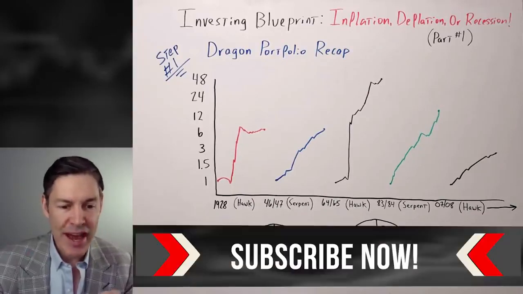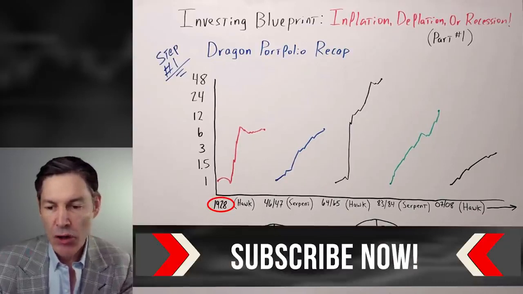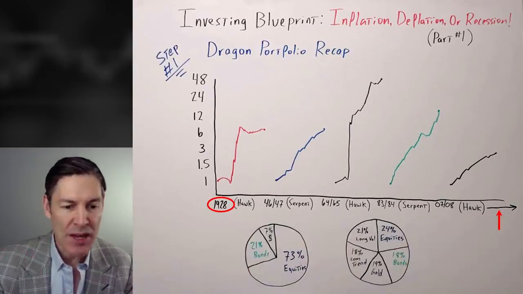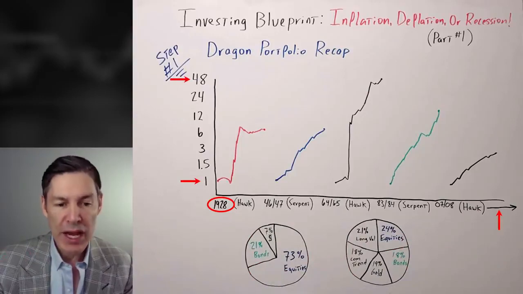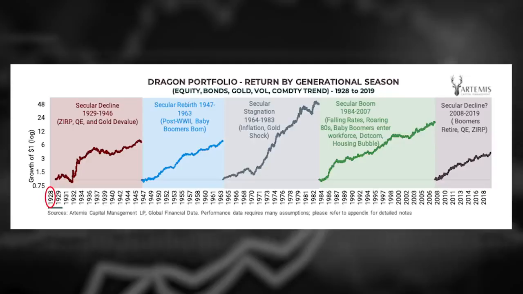Our chart starts at 1928, goes all the way to today's date. On the left-hand side, it starts at $1 and goes all the way up to $48. So starting off in 1928, if you would have had $1 in Chris Cole's Dragon portfolio, at the end of this hawk cycle in 1946, you'd have $6.